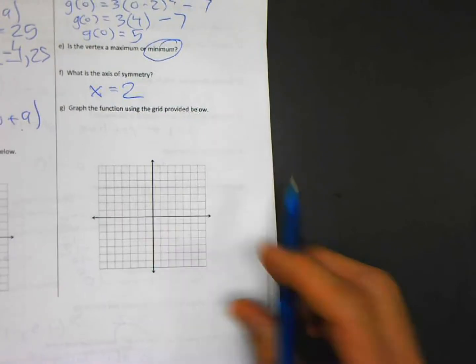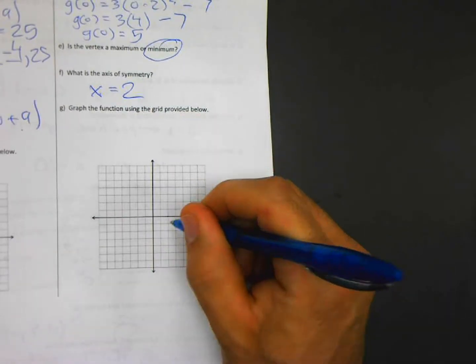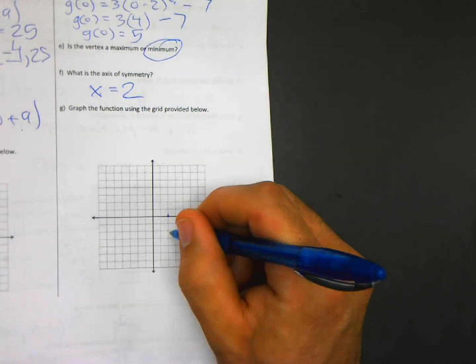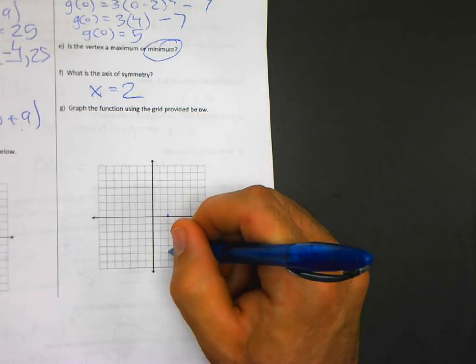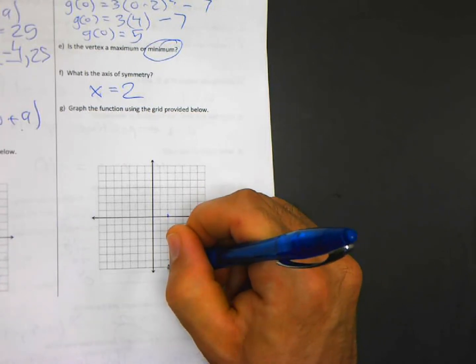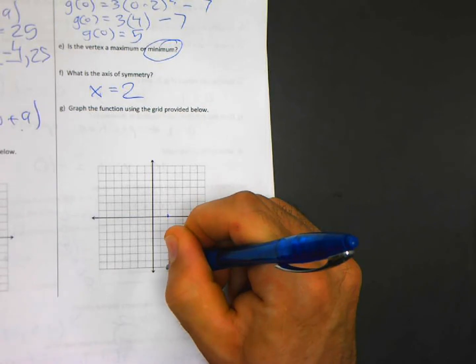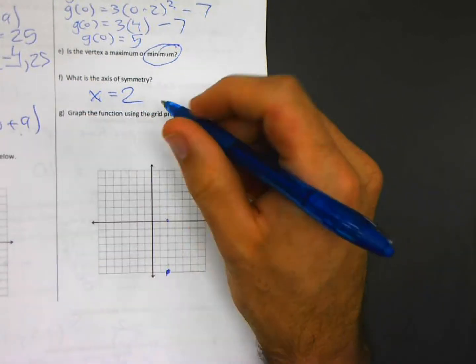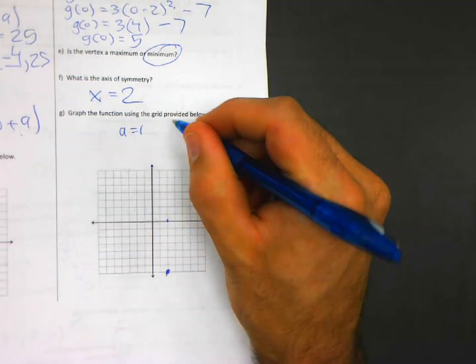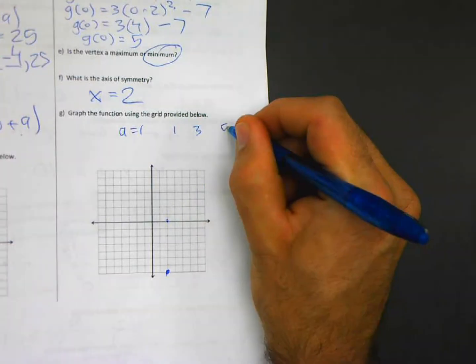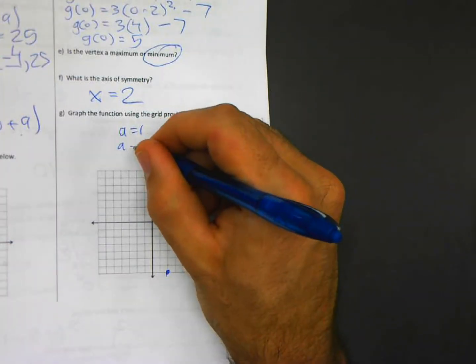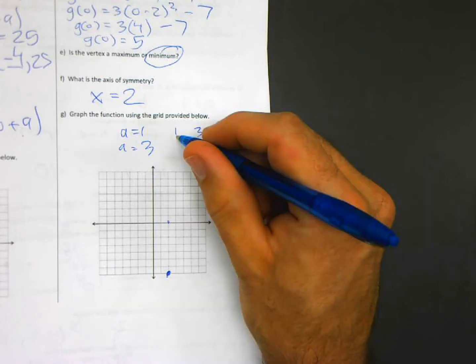We're going to go to 2, negative 7. So here's 2, go down 2, 4, 6, 7. There's the vertex. We're going to do our step pattern. The step pattern when A is 1 is 1, 3, 5. When A is equal to 3, that becomes all times by 3.